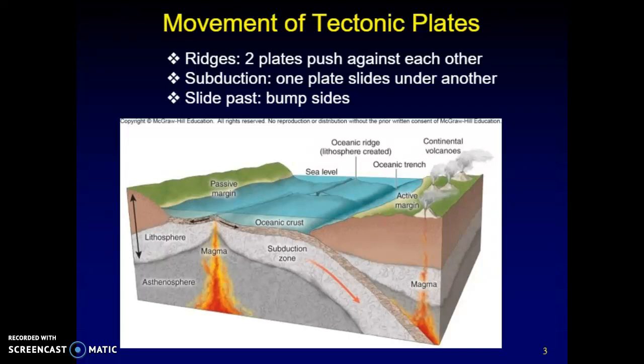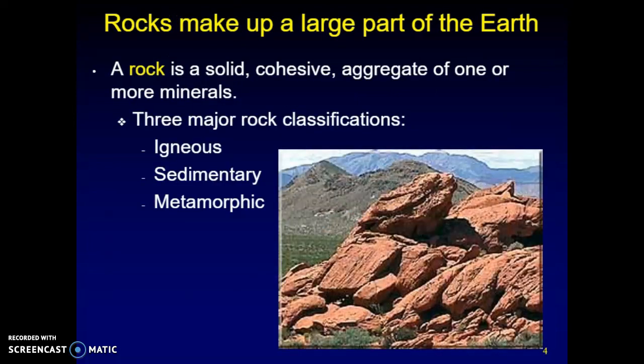All right, so the plates are made up of rock. Rocks make up a large part of the Earth's physical surface. A rock is a solid, sometimes cohesive aggregate of minerals. It might be one mineral type or a combination of multiple minerals.